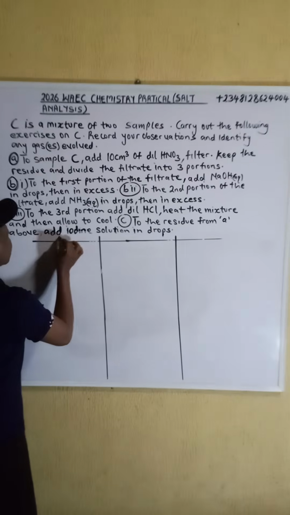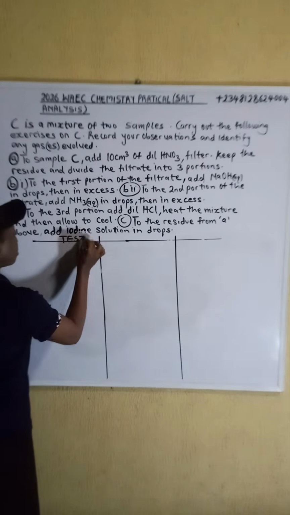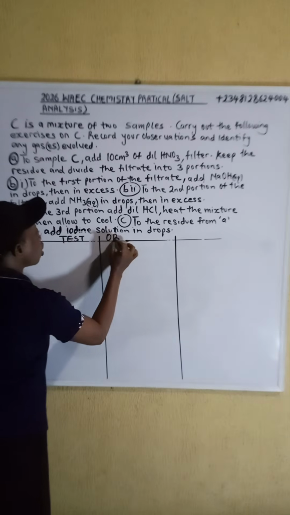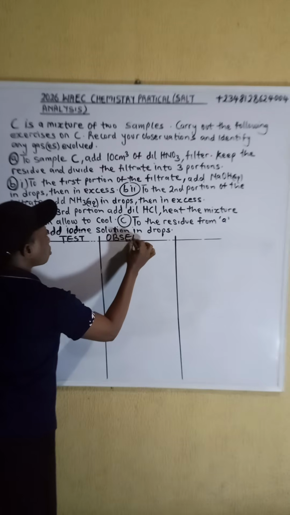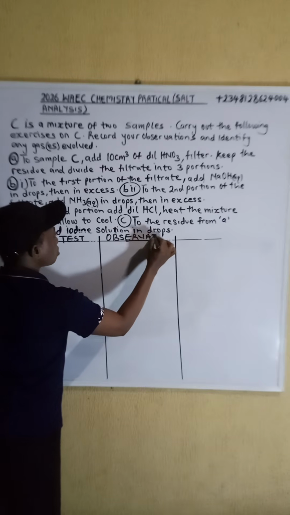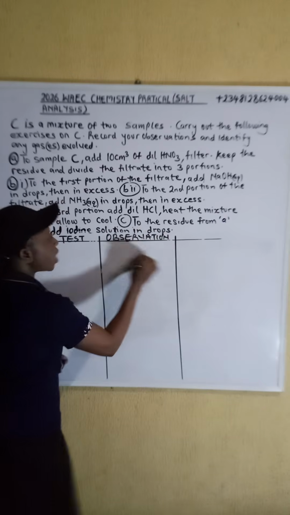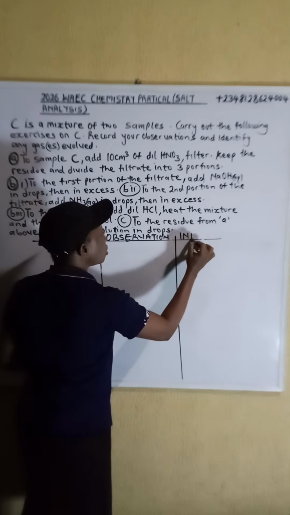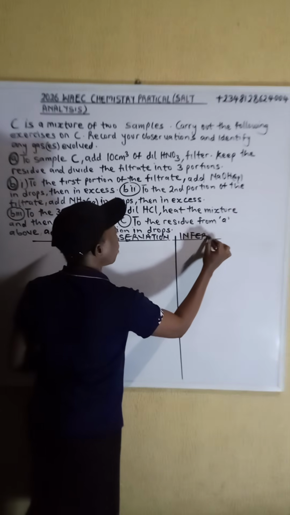The first column is for test. Then the second one is for observation. While the last one is for inference.